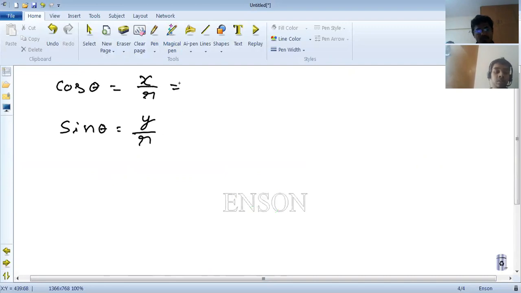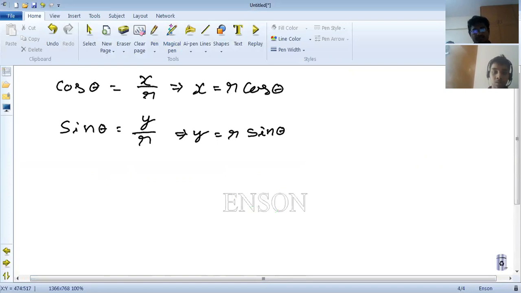Now from this formula, can I write x is equal to r cos theta and y is equal to r sin theta? Correct? Now, x value will be r cos theta and y value will be r sin theta.